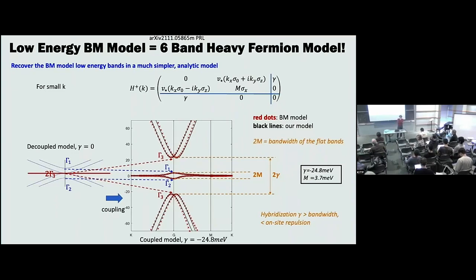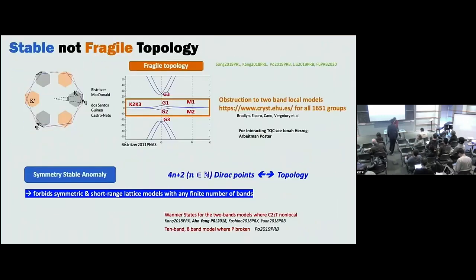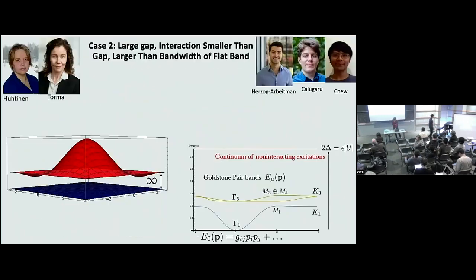Hi, in the beginning of the talk, you showed two different perturbative frameworks, one where the interactions are much smaller than the band gap, and one where the interactions are much larger than the band gap. As I understand it, this will lead to two different predictions for the occupations around the gamma point. If the interactions are much larger than the band gap, you occupy the F electron states.